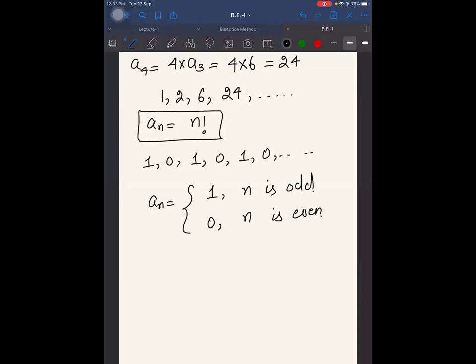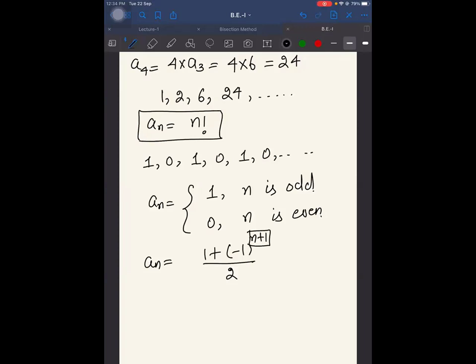Or you may write it as an equals (1 plus (minus 1) raised to the power n plus 1) by 2. Will this work? This is a kind of switch: one time plus, minus, plus, minus, so it keeps fluctuating between 1, 0, 1, 0, and so on. Are you with me on this?